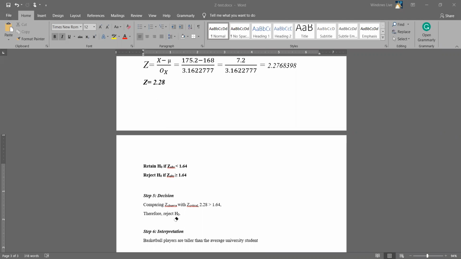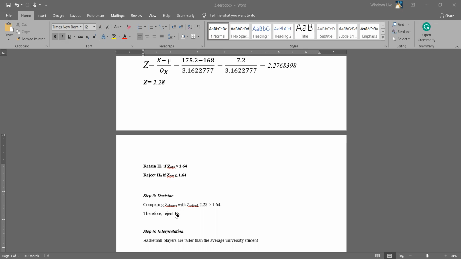So after you've made your decision to reject H0, you move on to step 6. Step 6 has to do with interpretation. Under interpretation, we are supposed to select one of the hypotheses, whether the null hypothesis, which is H0, or H1. For you to select any of them, it will be based on the decision that you've made.